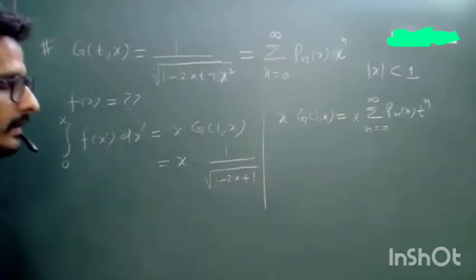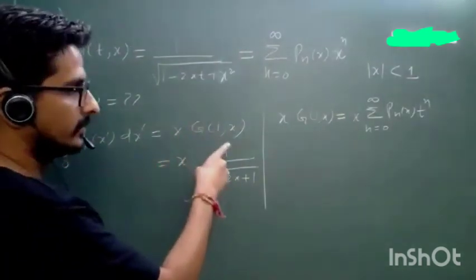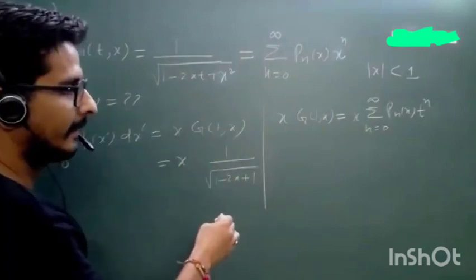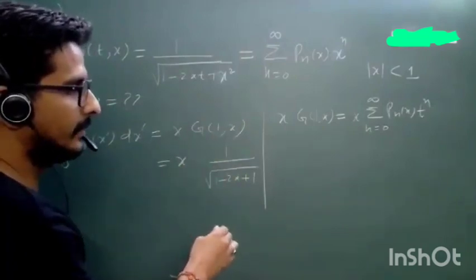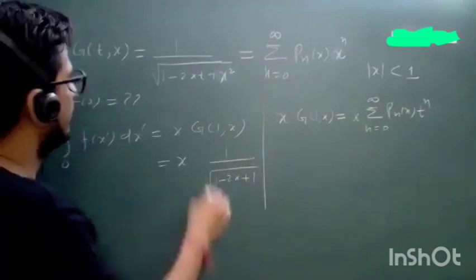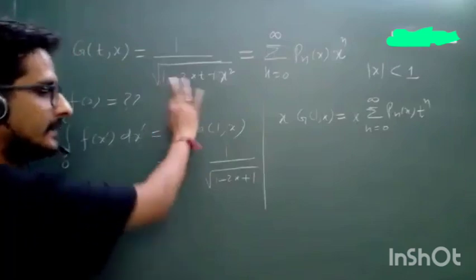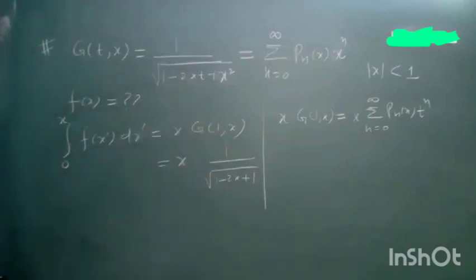So the roles are exchanged, the variables are just variables. What we considered as x is playing the role of t here. This is given in the question, we can't do anything.